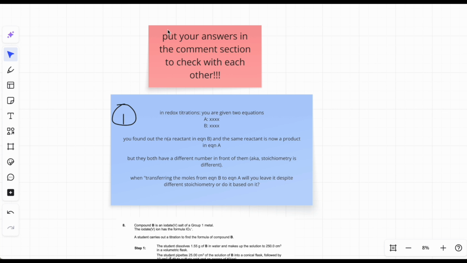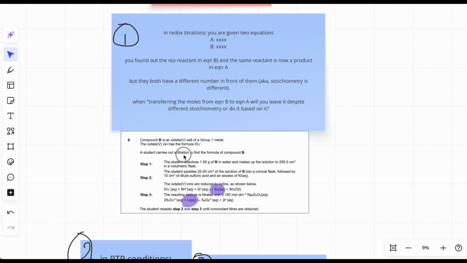The reason I've singled out these specific things is because that's where it can differentiate between marks or grades, and they're really, really important. So let's go through it. Firstly, redox titrations. I've given you an example on the sticky note.